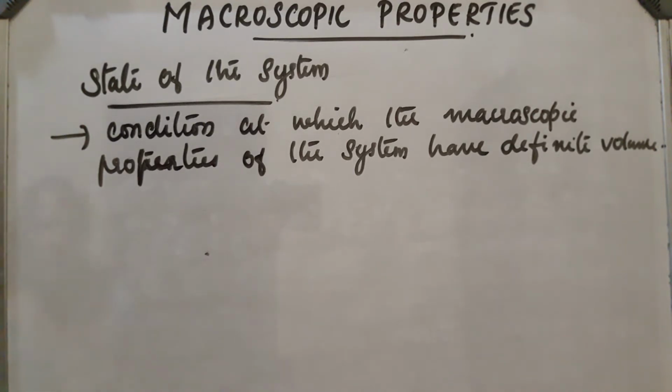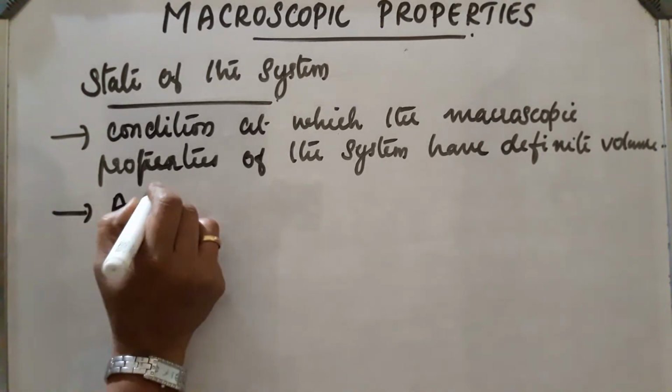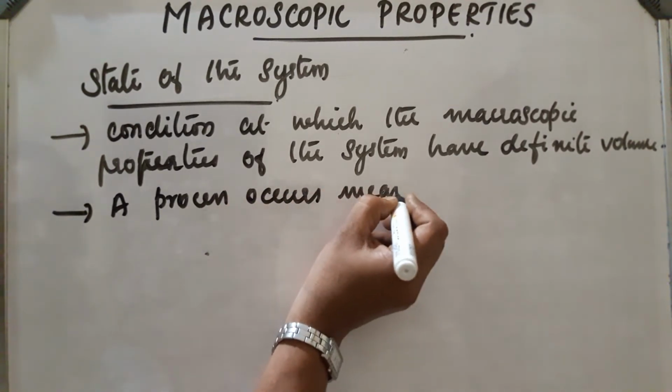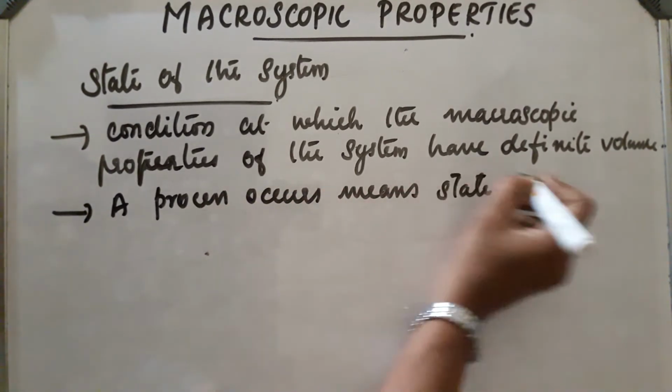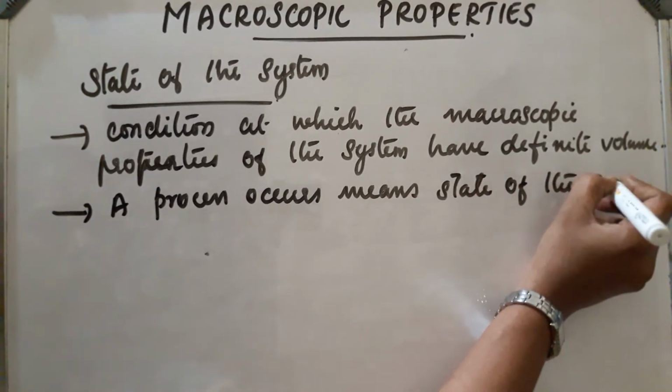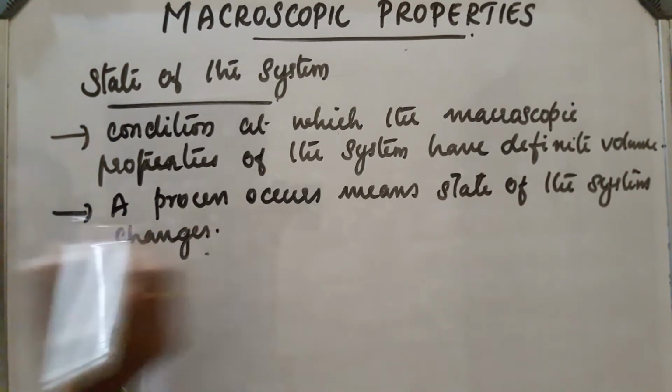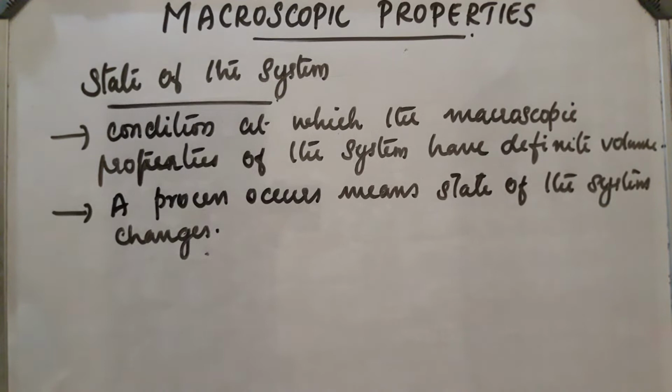If any of the properties changes, the state of the system also changes. A process occurs means the state of the system changes. The measurable properties required to describe the state of the system are called state variables or state functions.